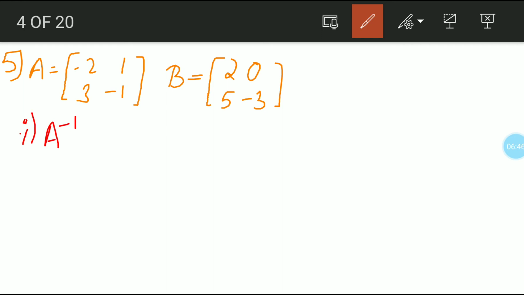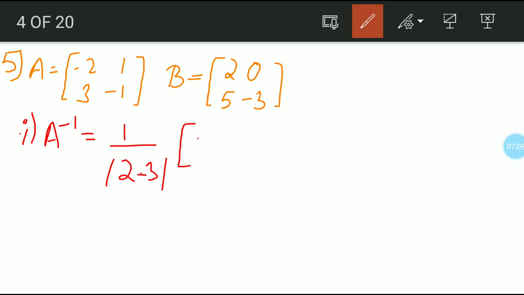The formula I have already explained: A inverse is equal to 1 by the determinant AD minus BC, times [D, minus B; minus C, A]. We will apply this here also. Directly I am putting it, I am not writing the formula. If you need it, you can write it.